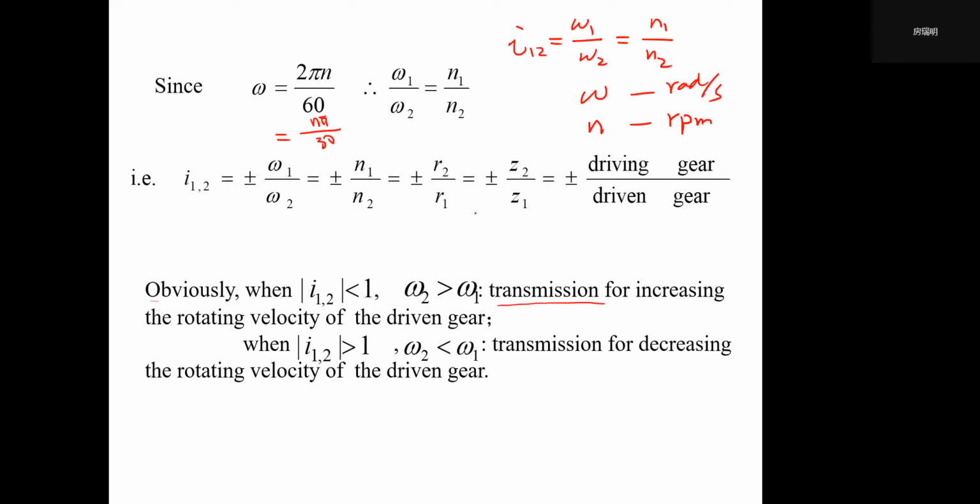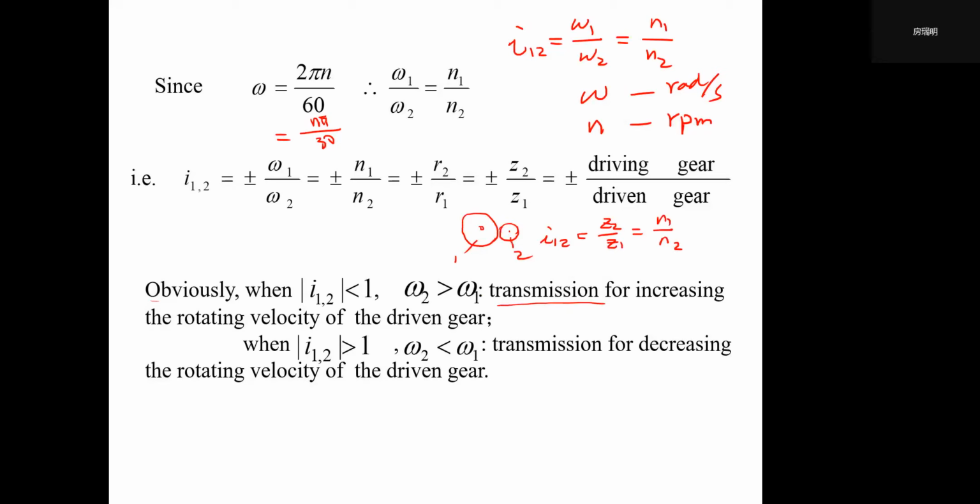So you can find that the driven gear is smaller than the driving gear. So maybe i12 equals z2 over z1 equals n1 over n2.